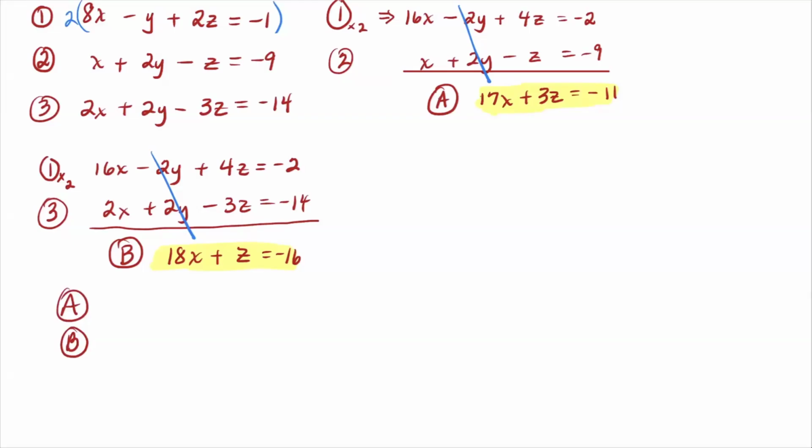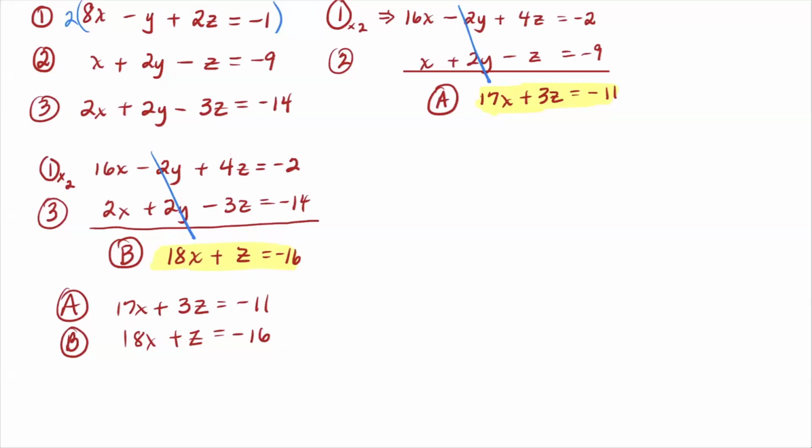So I'm going to write A as 17x plus 3z equals negative 11. And equation B is 18x plus z equals negative 16.